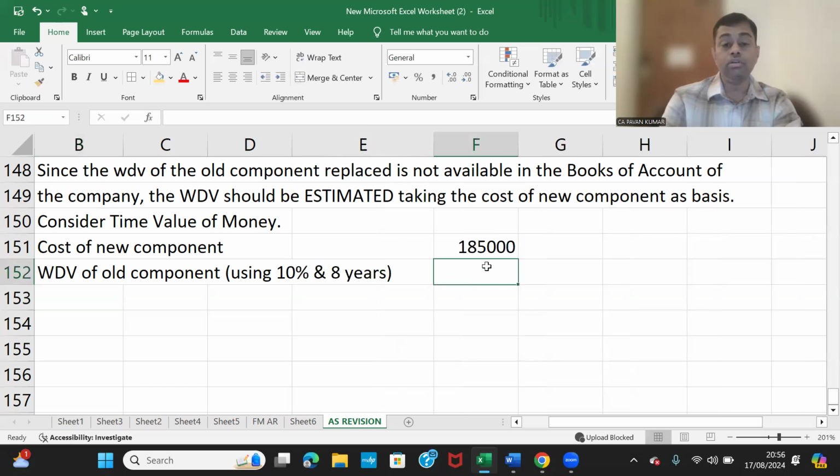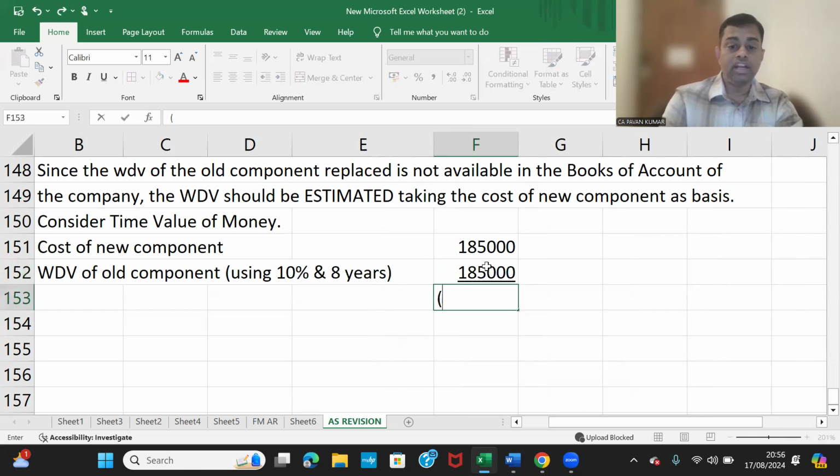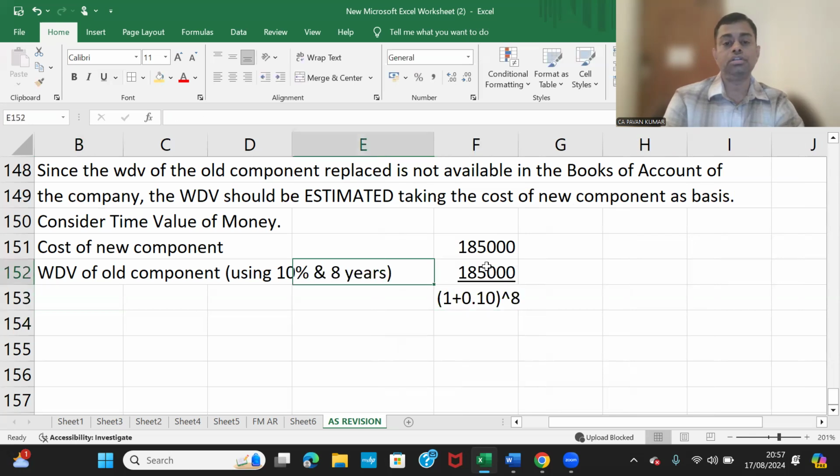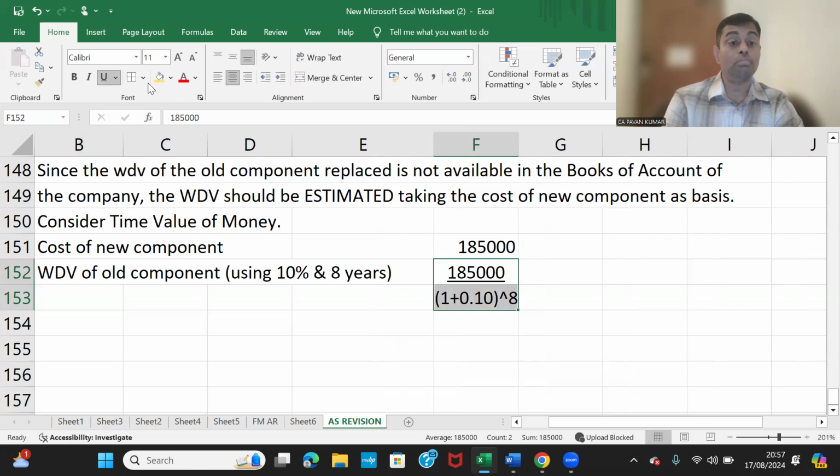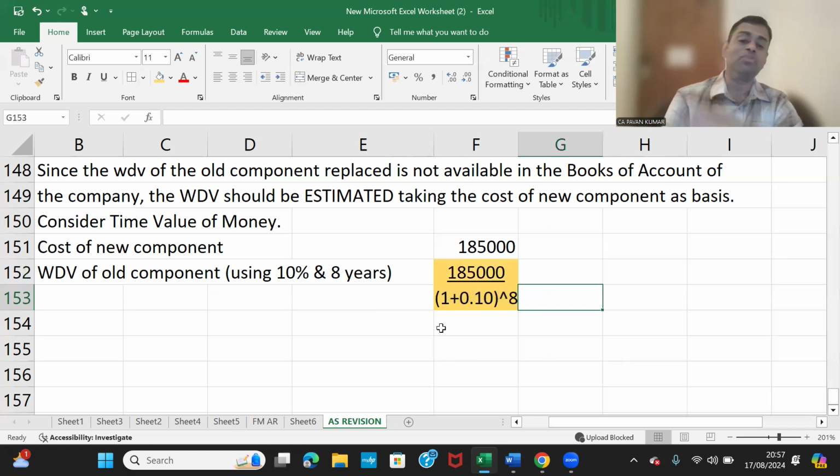So how do you calculate? This is 1,85,000 divided by 1 plus I, which is 0.10, to the power 8. This is how you estimate the old component WDV replaced, and then you follow the same accounting again.